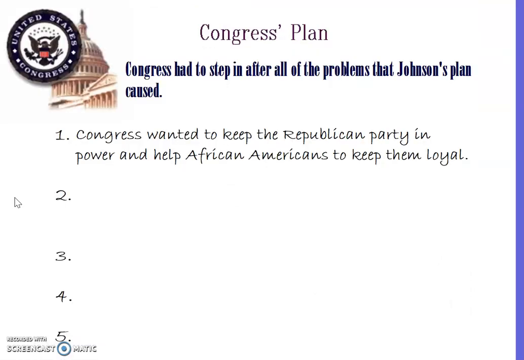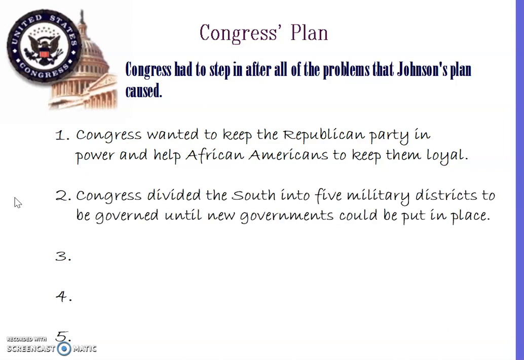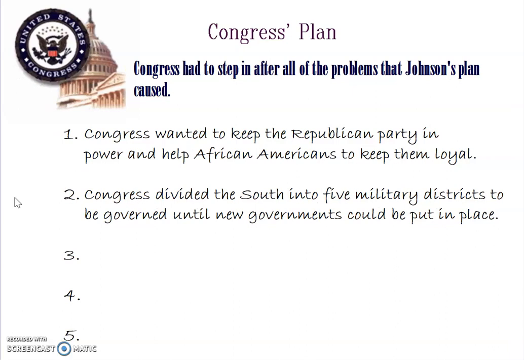So, Congress had to step in after all the problems that Johnson's plan had caused. Here's what was Congress's plan. 1. Congress wanted to keep the Republican Party in power and help African Americans to keep them loyal. 2. Congress divided the South into 5 military districts to be governed until new governments could be put in place. 3. Congress disenfranchised rebels, so they couldn't vote or hold office.